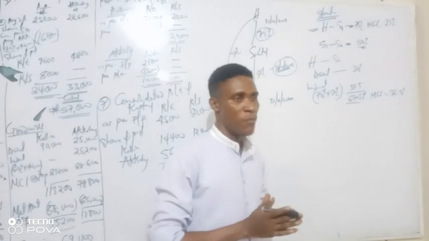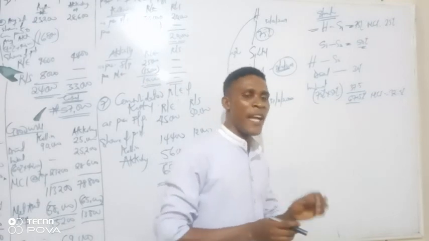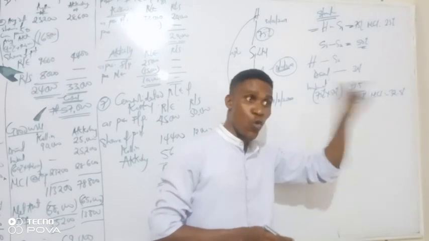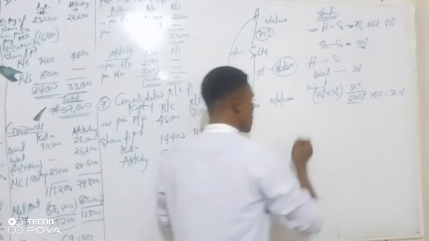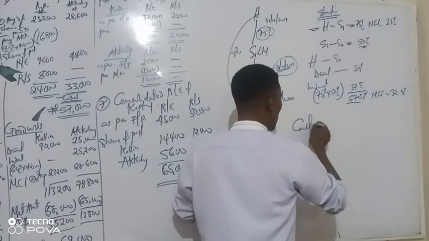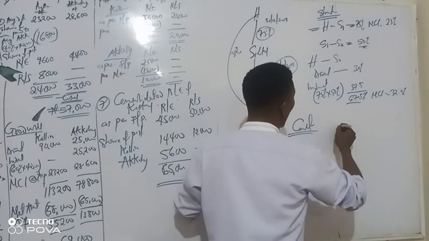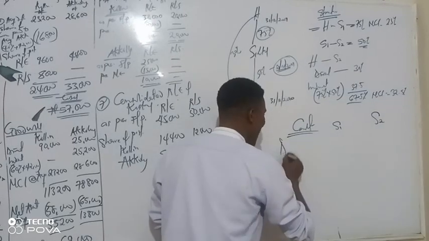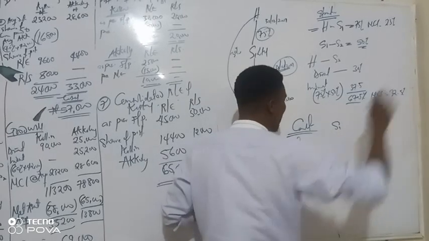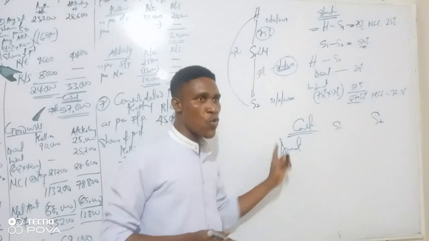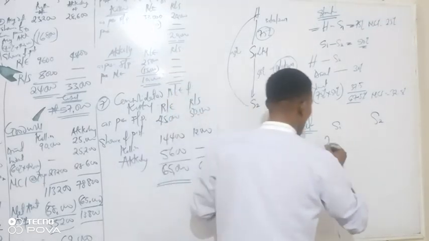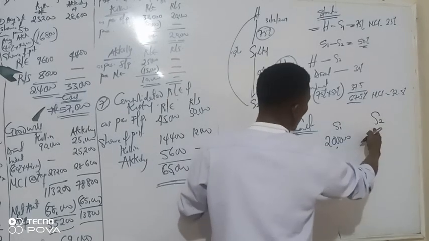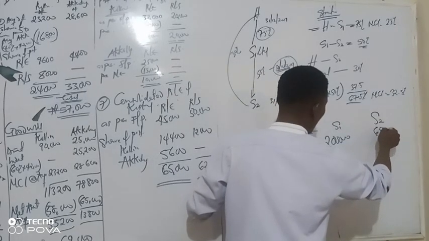Same principle, nothing new. Then our consideration that we now use to compute our goodwill, for S1 and for S2. The direct one is for S1: H to S1, 20,000. Then how much does H pay for S2? 65,000.